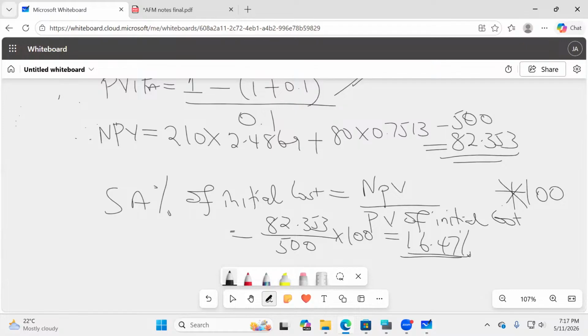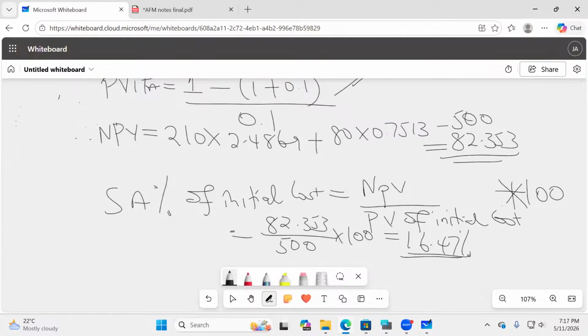If the initial cost increases by more than 16.47%, automatically the project becomes unviable. The project now will post a negative NPV. So you can see this is quite a good factor because it's got a big allowance of change. Nobody will tell you to interpret.